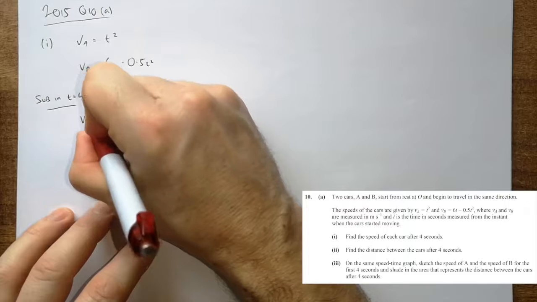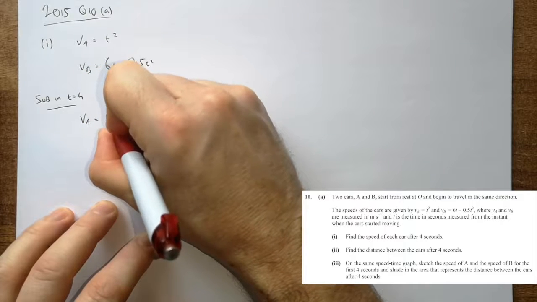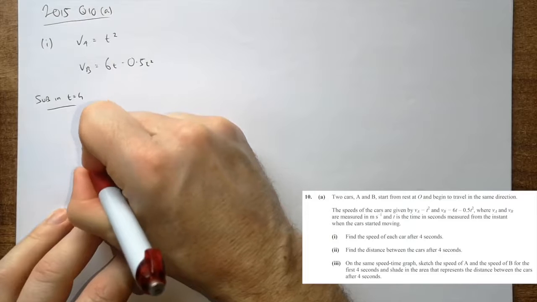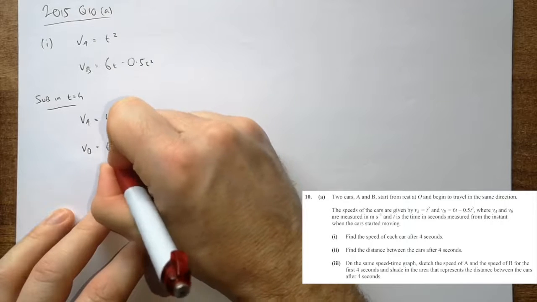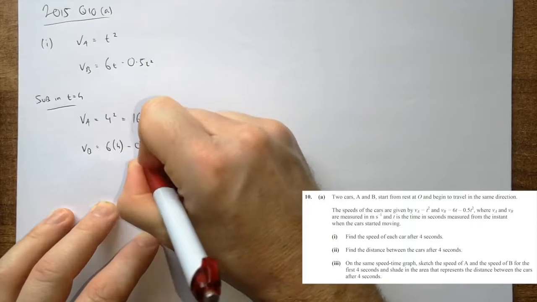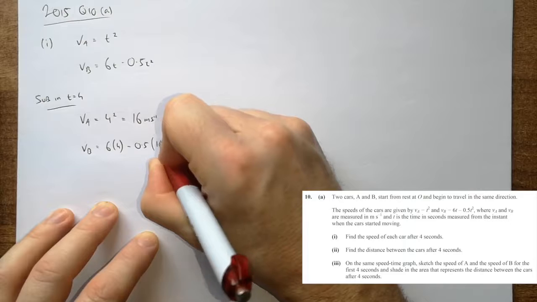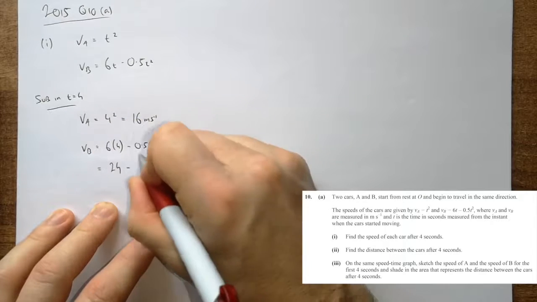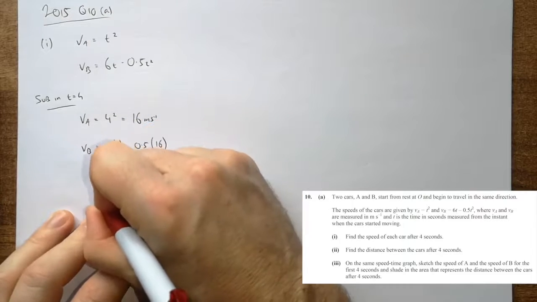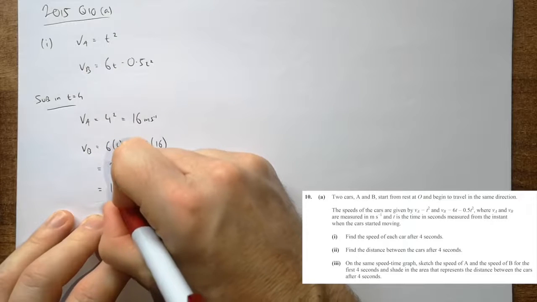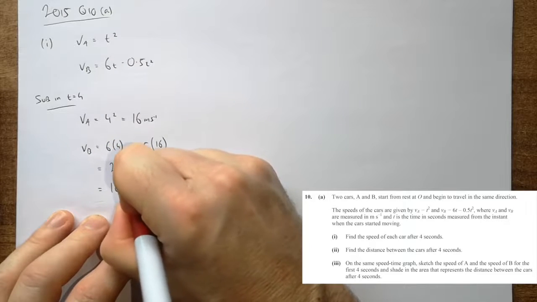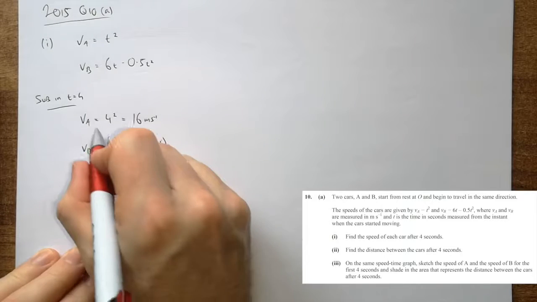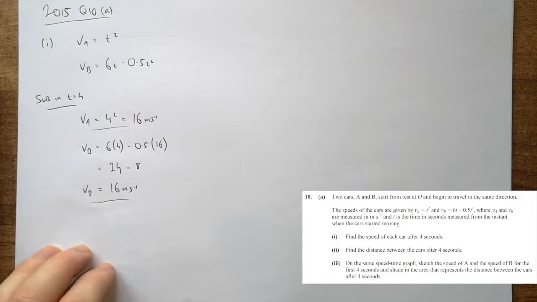So VA equals 4 squared, 16 meters per second, and VB equals, and we'll just write that out, and that is 24 minus 8, and that is of course 16 meters per second. How about that? So they're both going the same speed, and this is setting the scene for things a little bit later on.